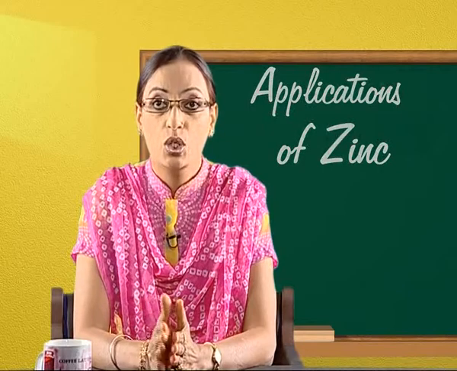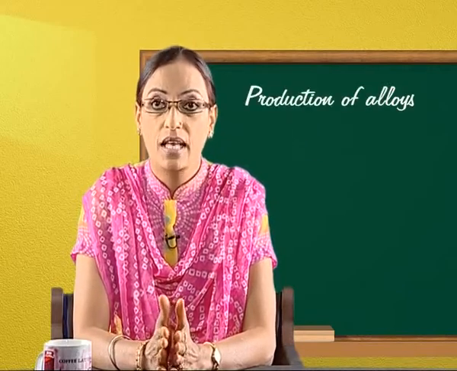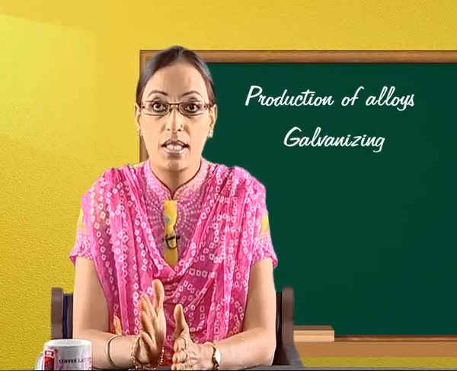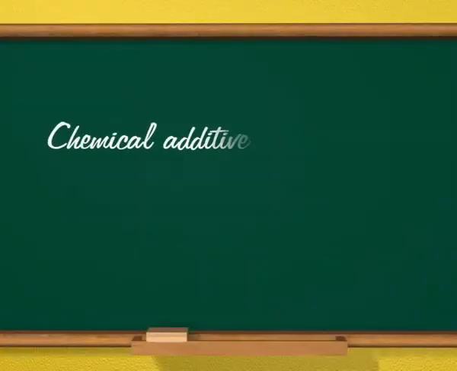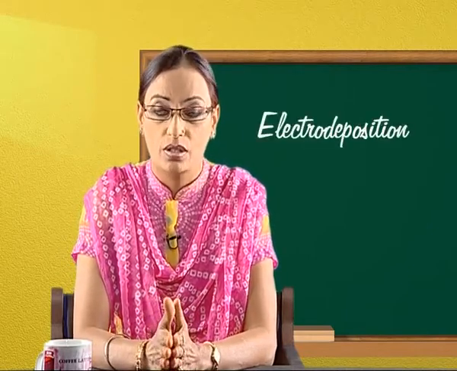Metallic zinc is used in the production of alloys and in galvanizing to protect steel structures. It is still present as a chemical additive in rubber and paints. In the galvanizing process, the coating is applied by the hot dip method or by electrodeposition.